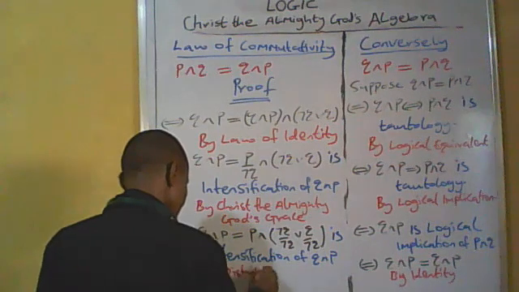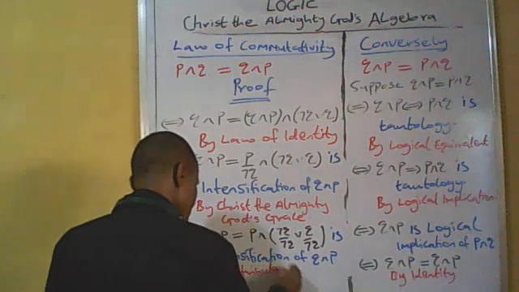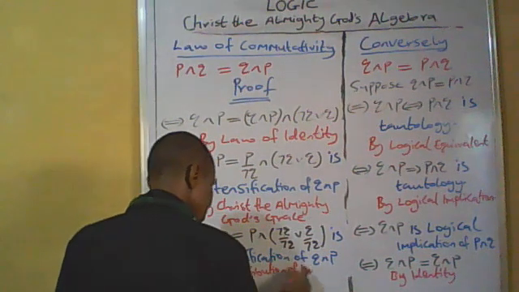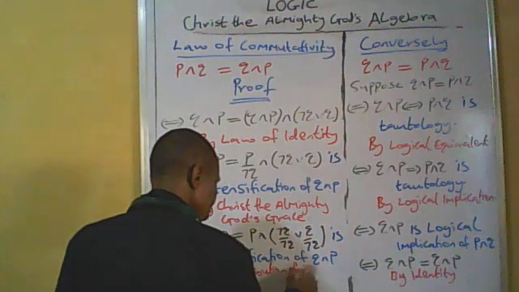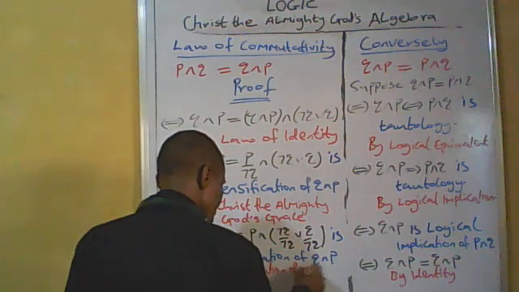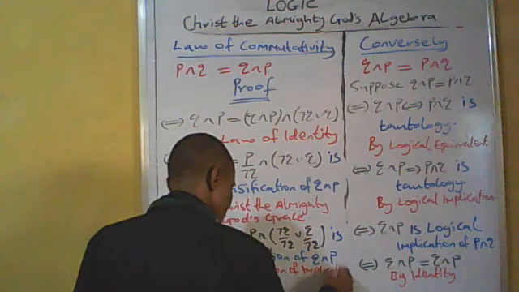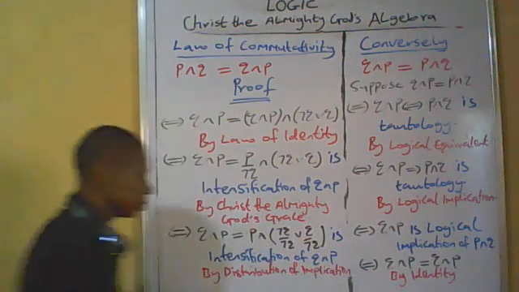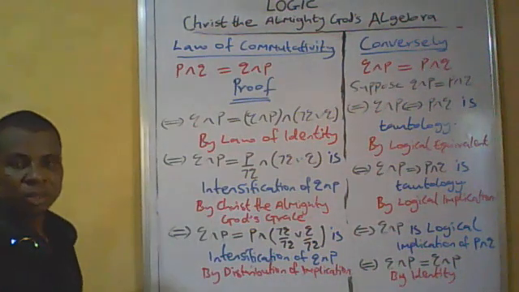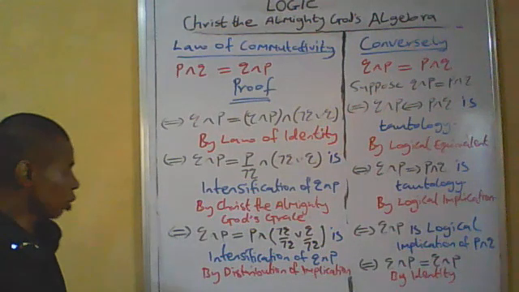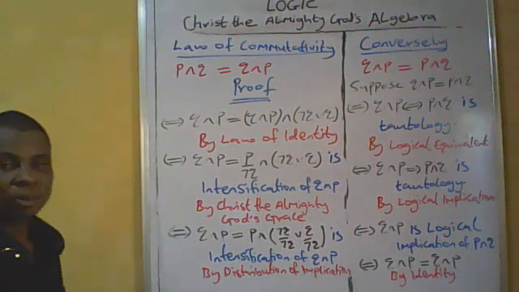Being justified by distribution of implication.